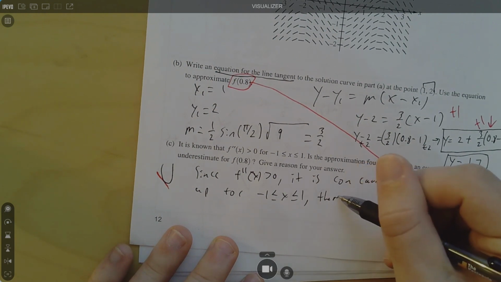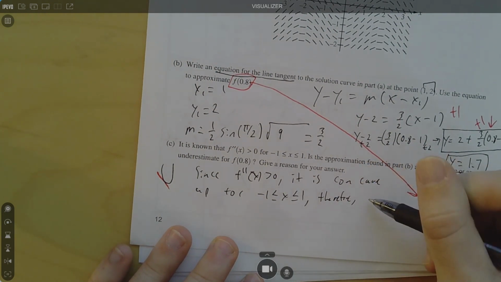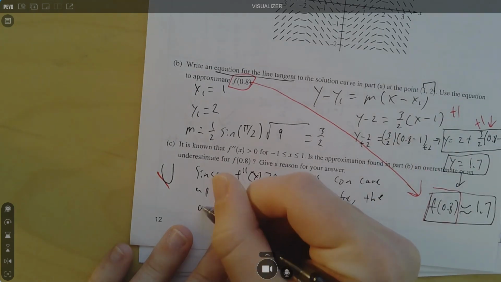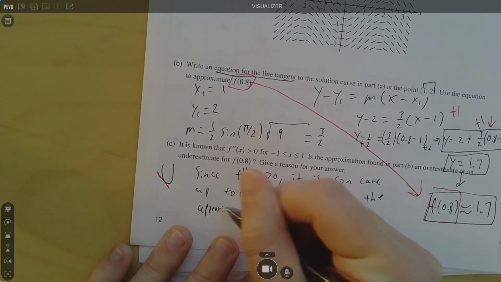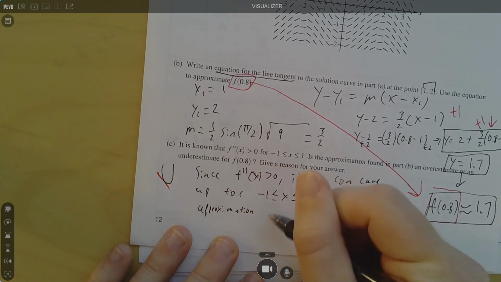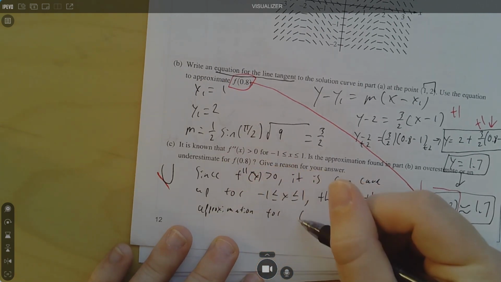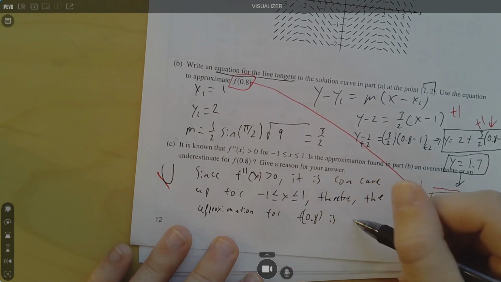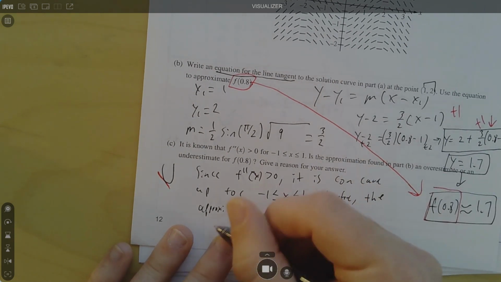Therefore, the approximation for f of 0.8 is an underestimate.